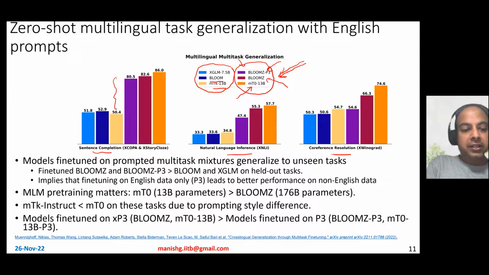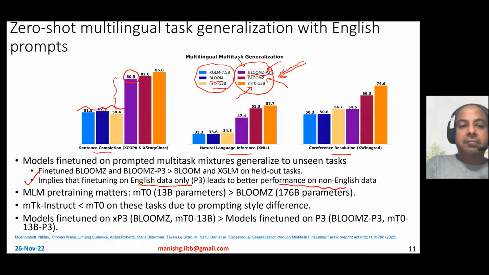Fine-tuning on English-only data with P3, BLOOMZ P3, leads to better performance on non-English, multilingual data sets. You see, this 80.5 is significantly better compared to any of these.